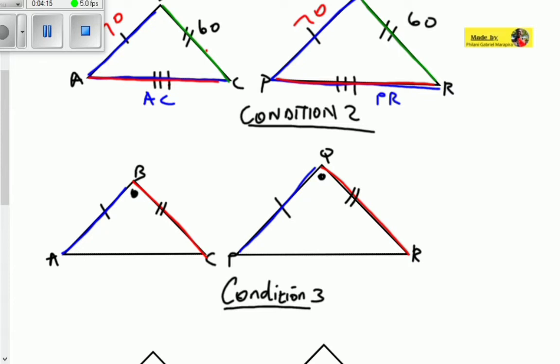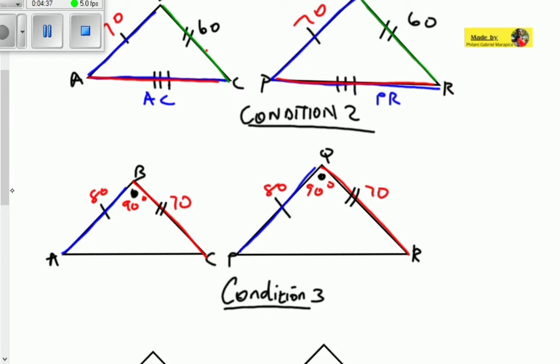So supposedly here it's 80, here also must be 80, and then here is 70, here also must be 70, and then if this one is 90 degrees, also here it must be 90 degrees. So if we are able to prove those 3 things, you can therefore say that the congruency of triangles there is actually visible.